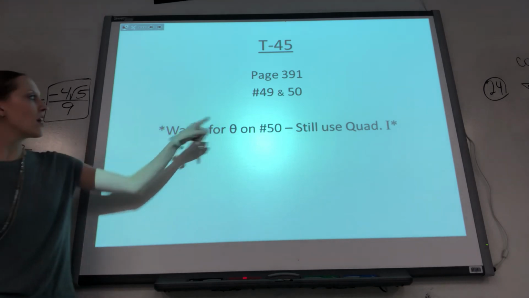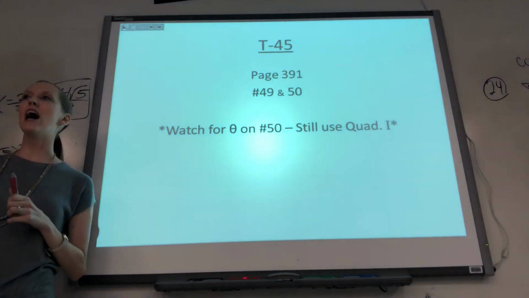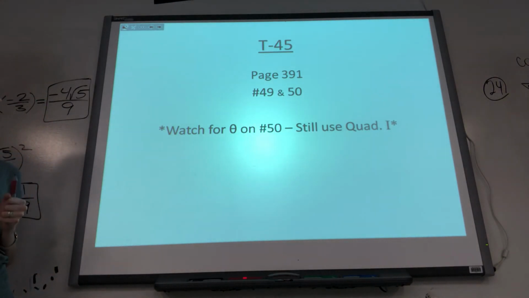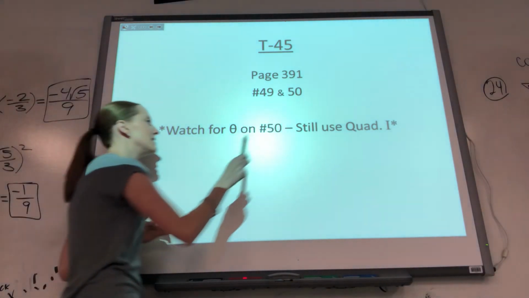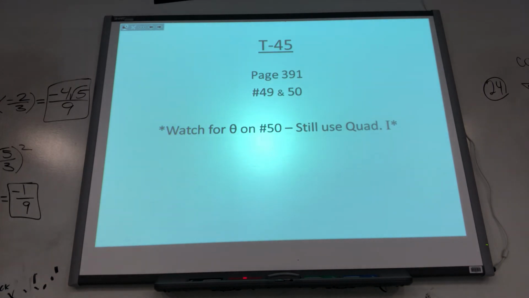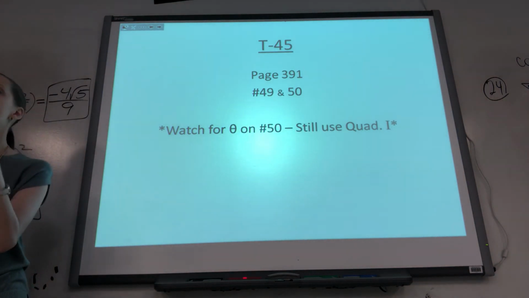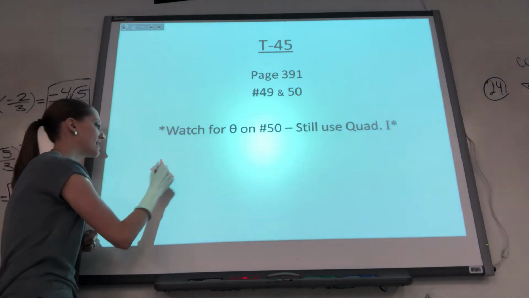And I did say watch for theta on number 50. I think it's up in the right-hand corner again instead of down where it usually is. But still go ahead and assume that you're in quadrant 1 on number 50. So still keep just the positive square roots when you go through your formulas.